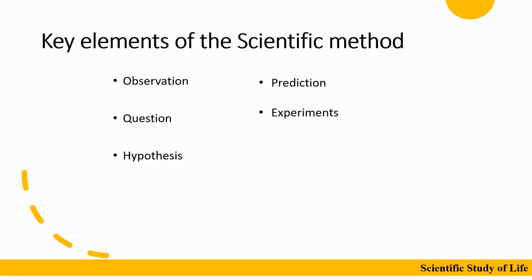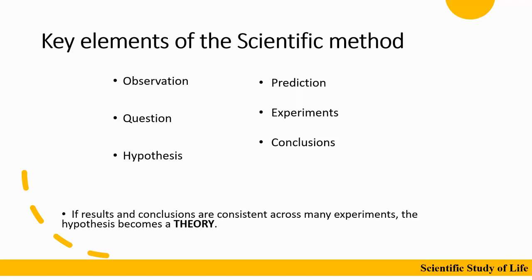Then you conduct an experiment to help you test or evaluate the hypothesis. Based on your results, you either reject or accept the hypothesis and conclude. If results and conclusions are consistent across several experiments, then we can accept the hypothesis as a theory.